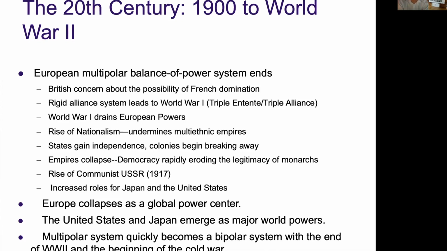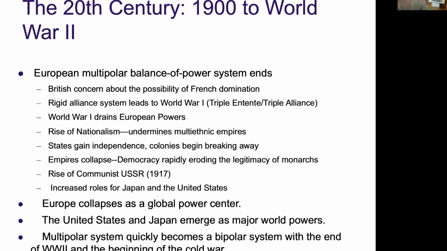Another interesting part was that other political ideas also became more important. So the rise of communism in the Soviet Union, and subsequently taking over the role in the USSR, was also a kind of response to lack of power on the international stage as well as the domestic stage.